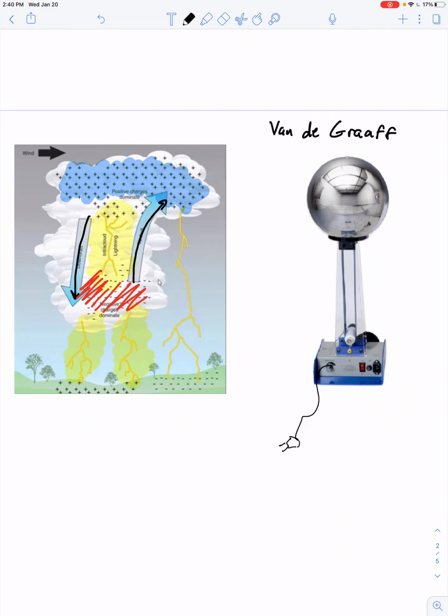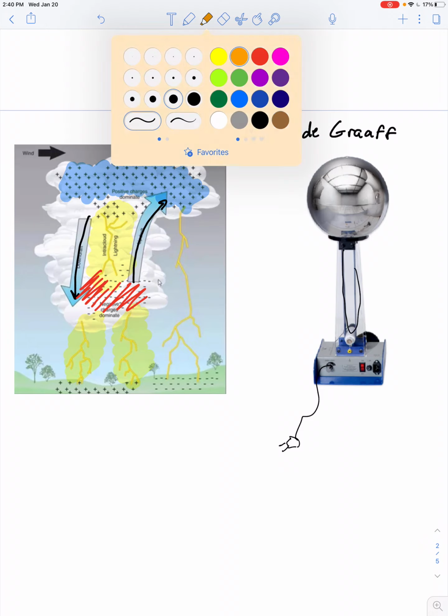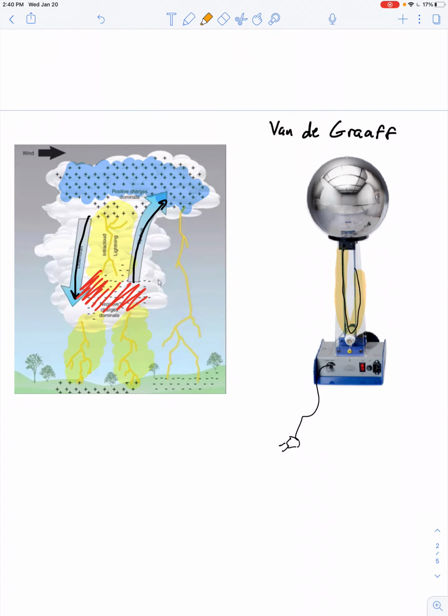And so electrons are transferred by this conveyor belt, bringing electrons from the bottom, carried up to the top, and then deposited all around the surface of the Van de Graaff. So that means the ground itself is lacking in these electrons, and a transfer of charge from one object to another is taking place, charge by conduction.